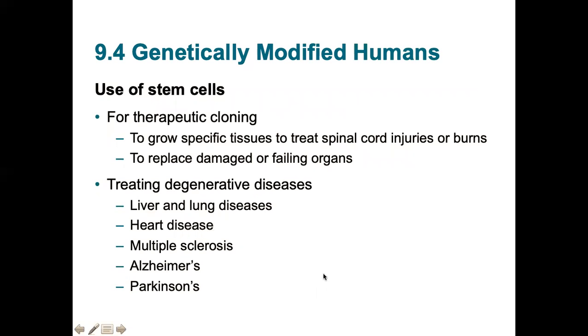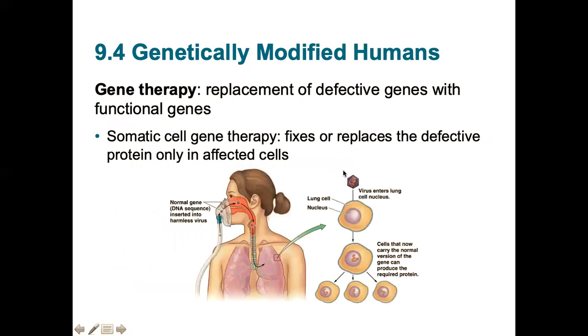So there certainly can be some very promising uses for stem cells besides just research, but in direct application. And the way that works is you take that naive cell and you program it to be a healthy cell that you want to fix.